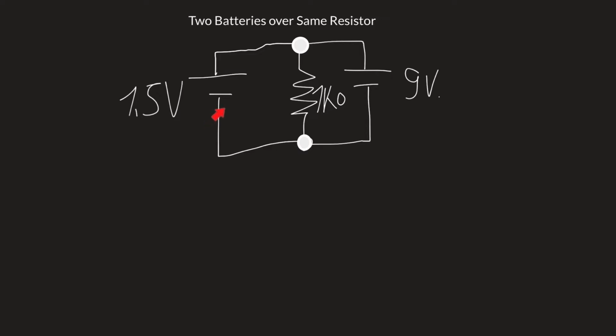What could also be is, because these two are parallel, this 1.5 volt and this 1 kilo ohm, it could also be that here are 7.5 volt and here are 7.5 volt. So what I think I'll try is first to put a resistor in here.